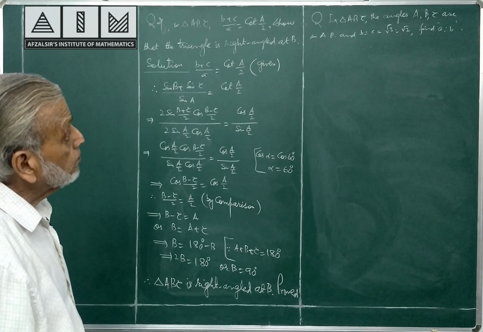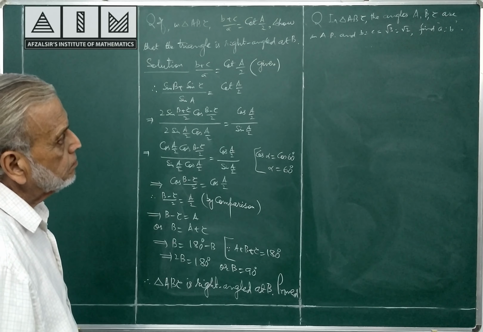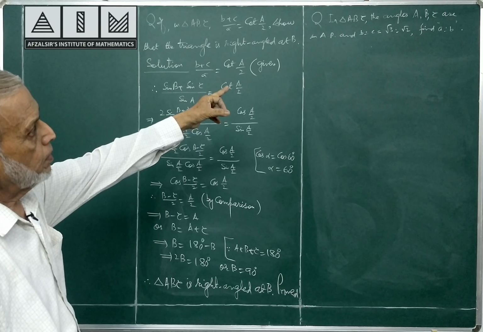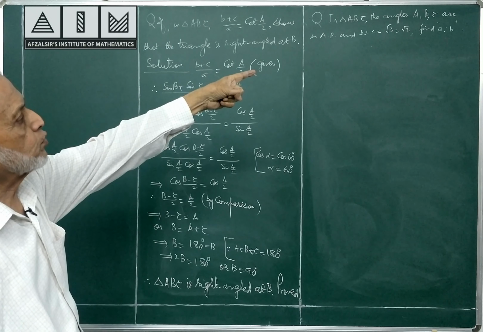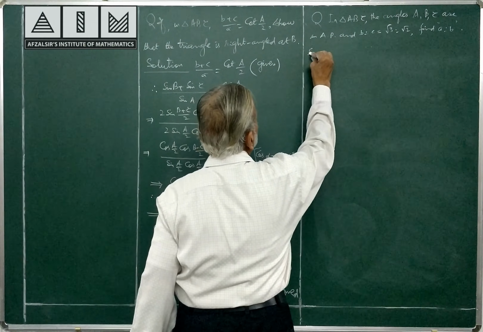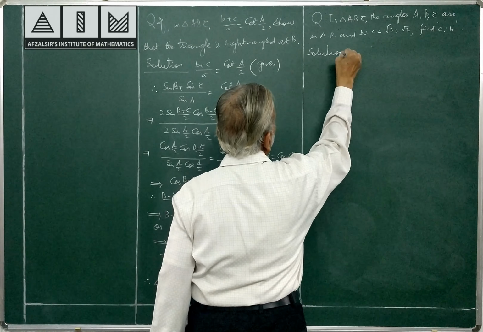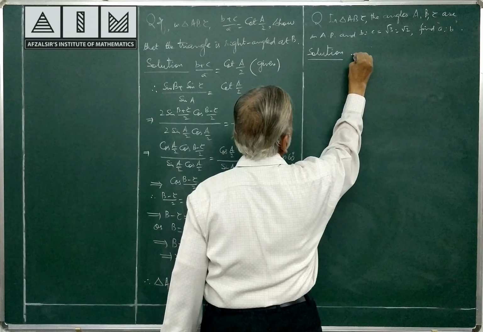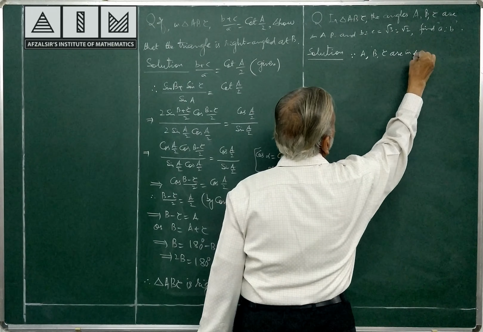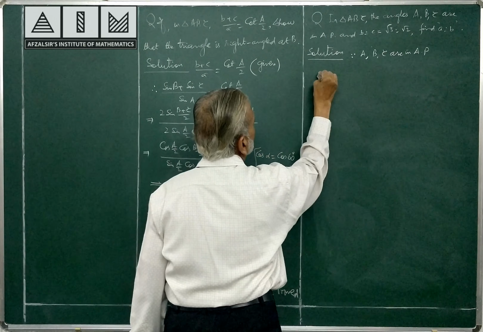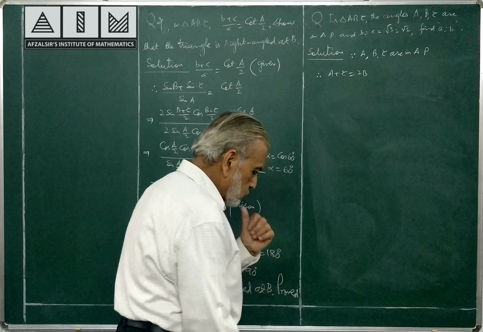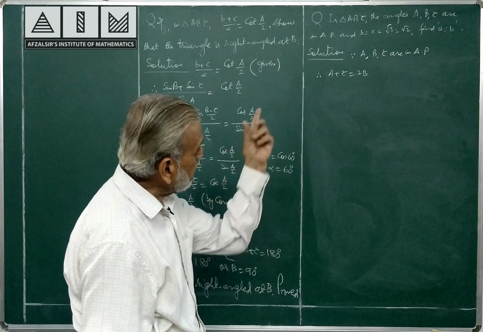Another question for you. In triangle ABC, the angles A, B, C are in arithmetic progression, and also given b is to c is equal to root 3 is to root 2, you have to find A. Let us see. Since A, B, C are in AP, A plus C is equal to 2B.